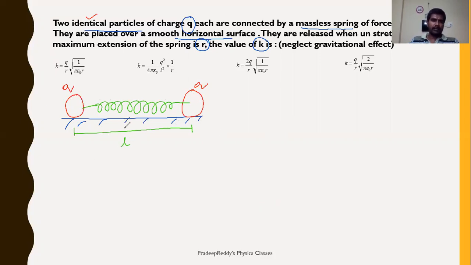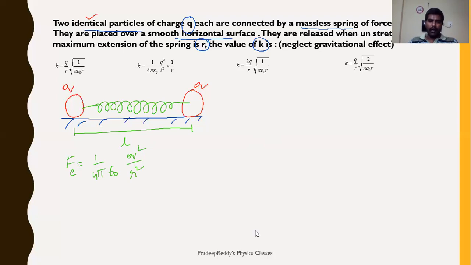And here you can write the force as electrostatic force, which is 1 by 4 pi epsilon naught Q square divided by R square. This is the electrostatic force acting between two charges.